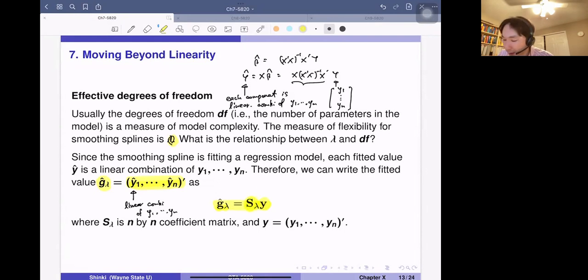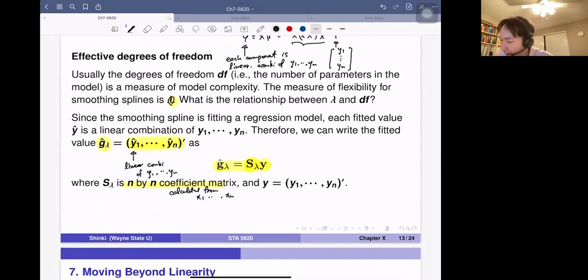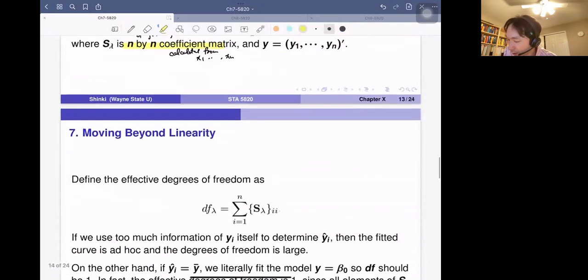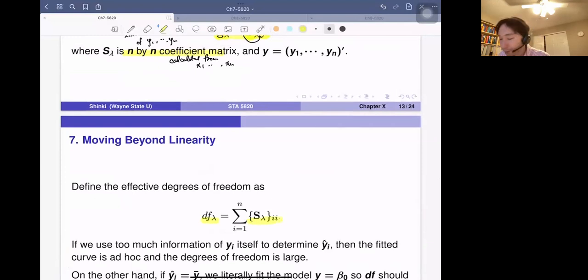S sub lambda is an n by n coefficient matrix calculated from the x values, x1 to xn. Then we define effective degrees of freedom as the sum of the diagonal terms of S lambda. So df lambda is equal to just the sum of diagonal terms.